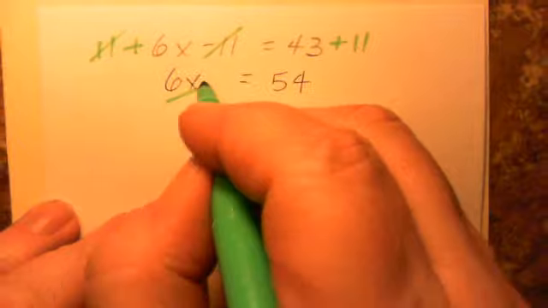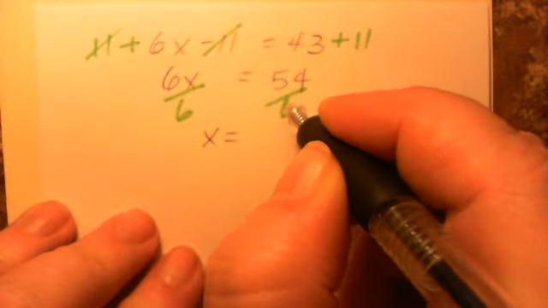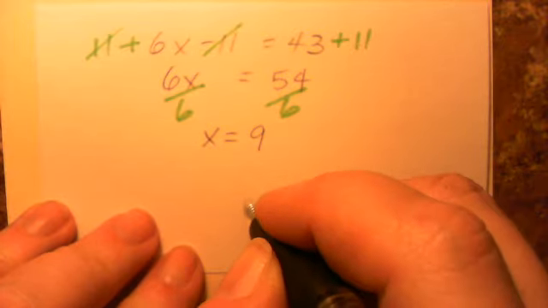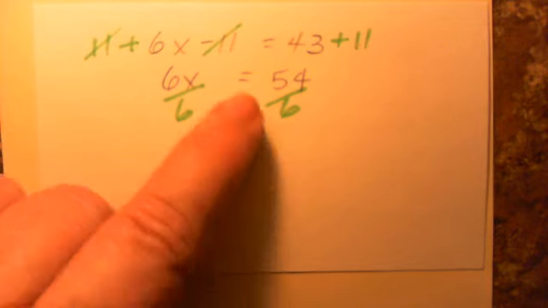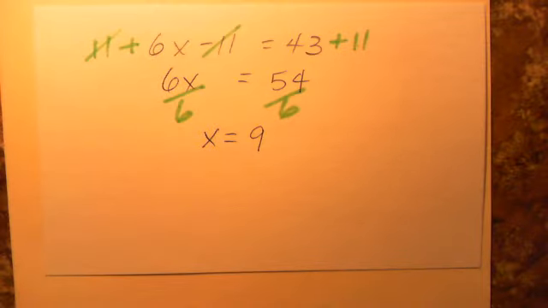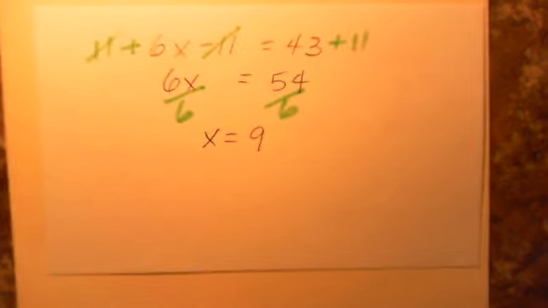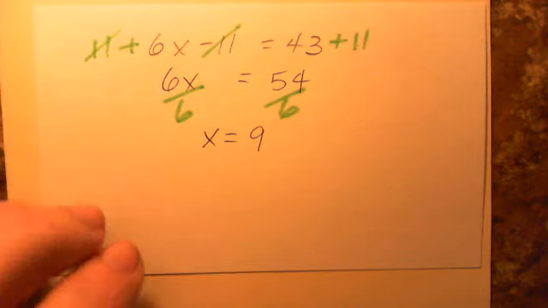And now we're left to just divide both sides by 6. And that gives us x is equal to 54 divided by 6, which is 9. And that's a good solution if, when you replace x with 9 in the original, it checks because you get the same number on both sides.